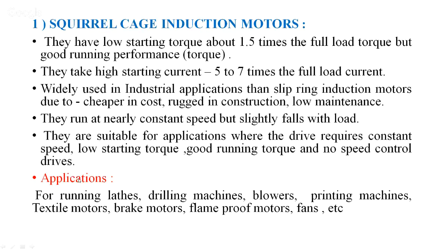So applications of squirrel cage induction motors are for running lathes, drilling machines, blowers, printing machines, textile motors, brake motors, flame-proof motors, fans, etc. So the important point here is they have constant speed, low starting torque, good running torque, and no speed control drives.